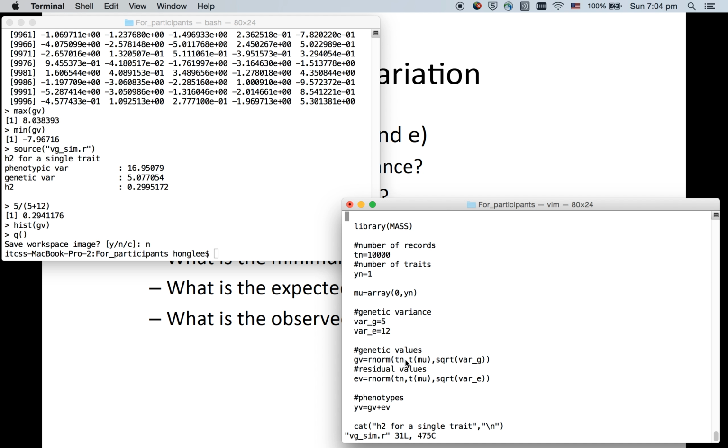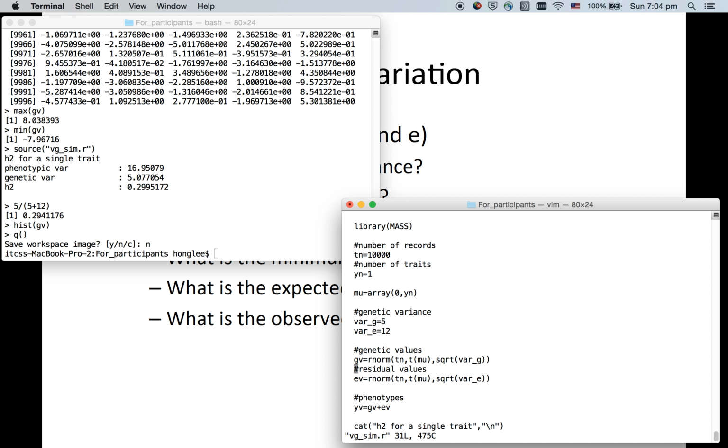With exactly the same function, we also simulate residual values, which I assign as EV. Same number of records and the mean is 0 as well, and the variance comes from the residual variance, which is 12.